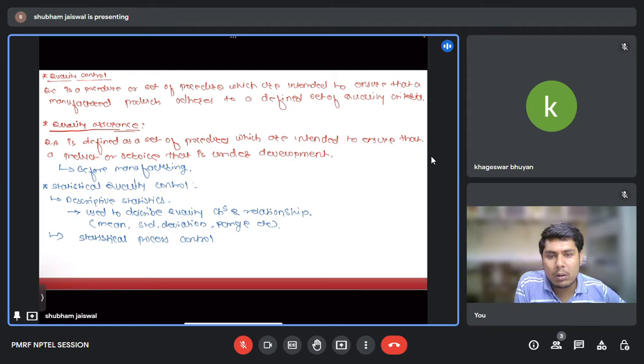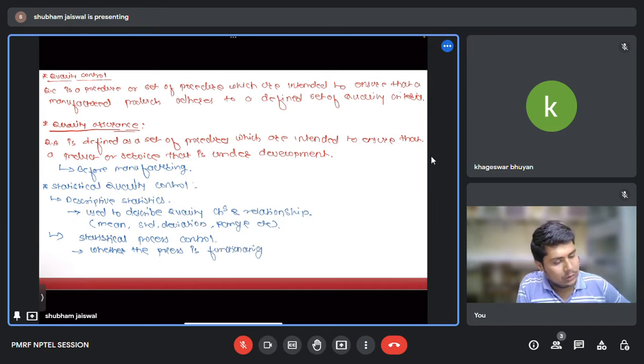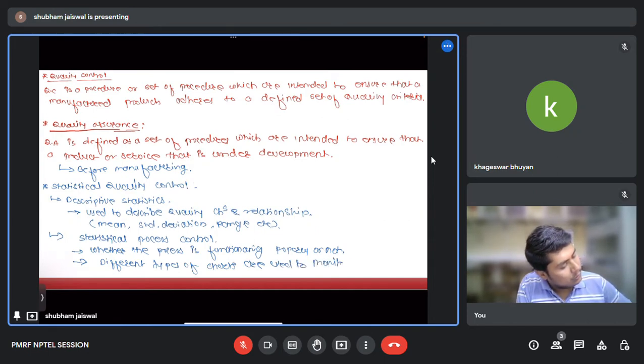In this we use different types of charts like X bar chart, R chart, P chart, to monitor different aspects of our production process.